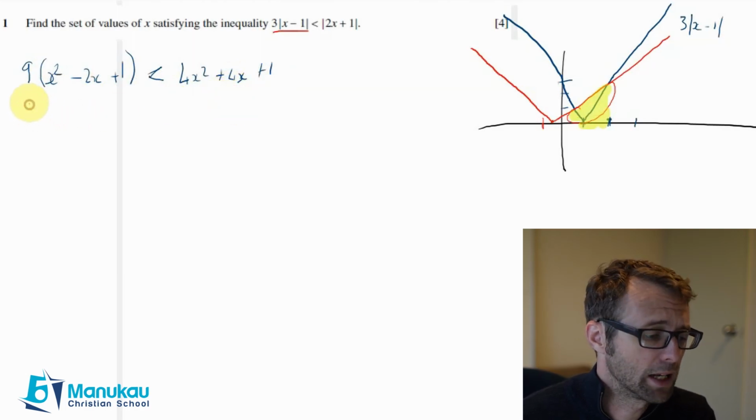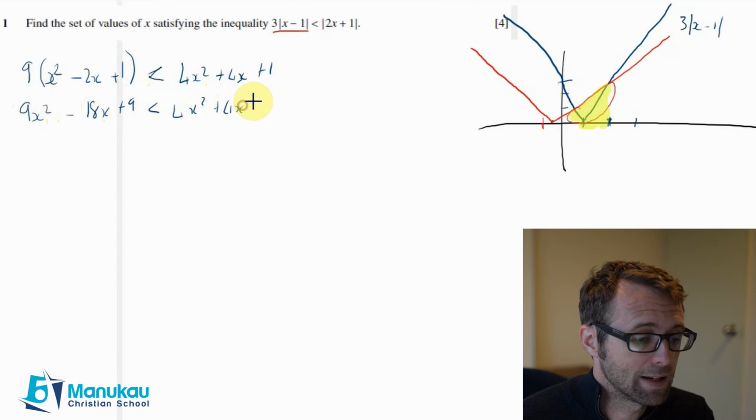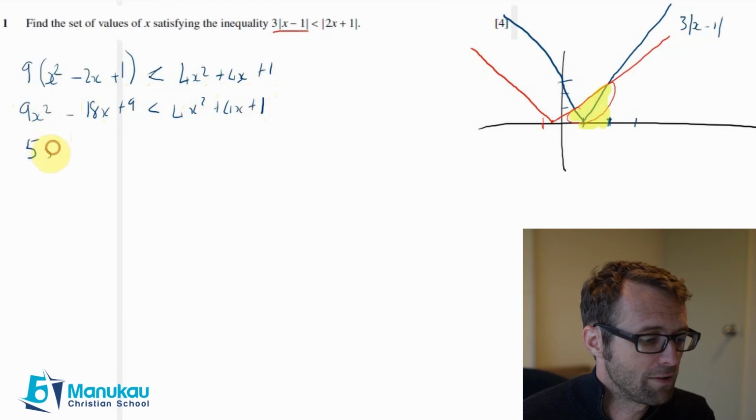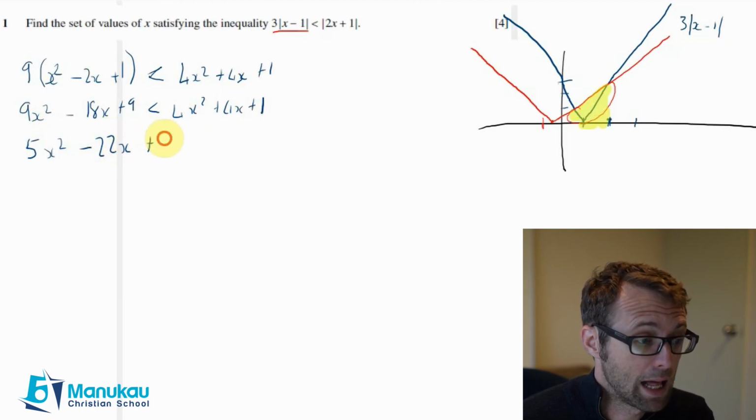Let's expand our brackets. So we have 9x squared minus 18x plus 9 is less than 4x squared plus 4x plus 1. So pull everything across and we should end up with 5x squared minus 22x plus 8 is less than 0.